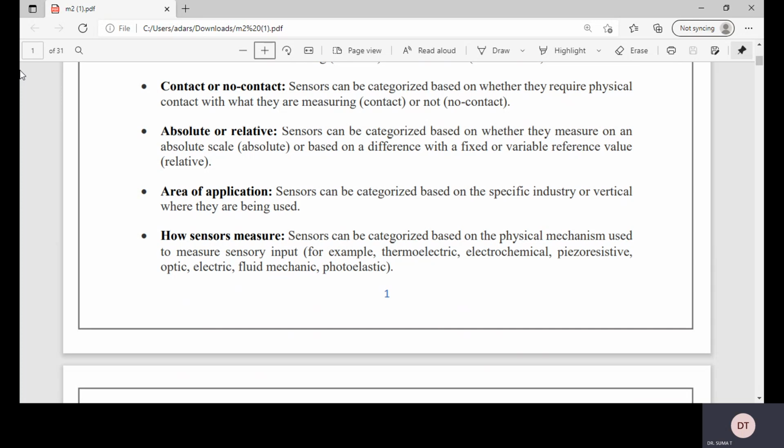So based on the measurement of the sensors, we classify how the data is going to be measured.